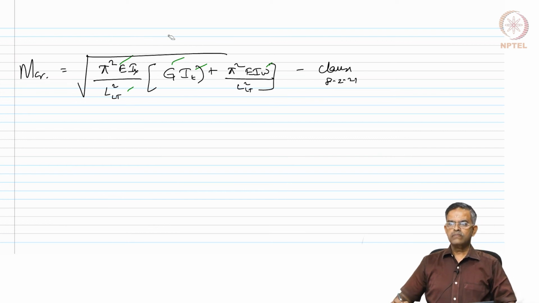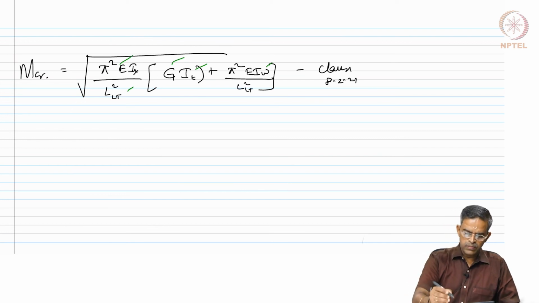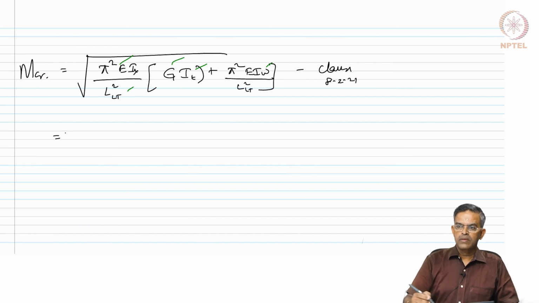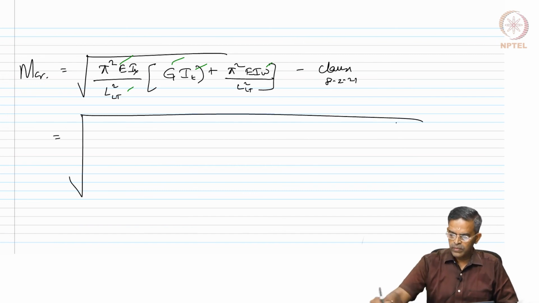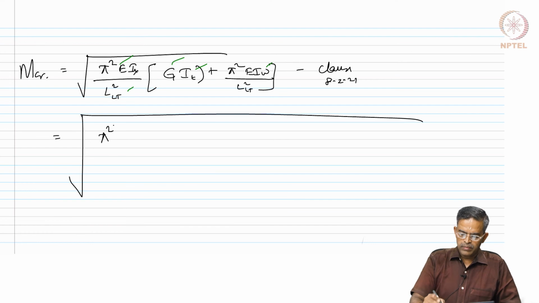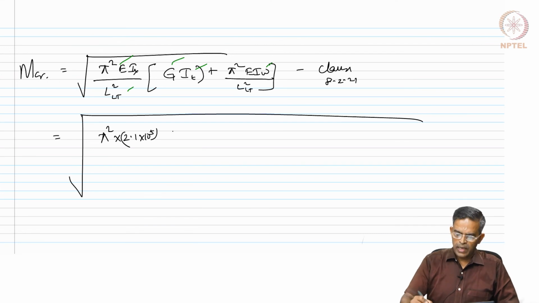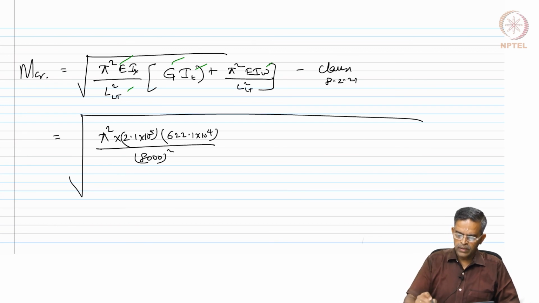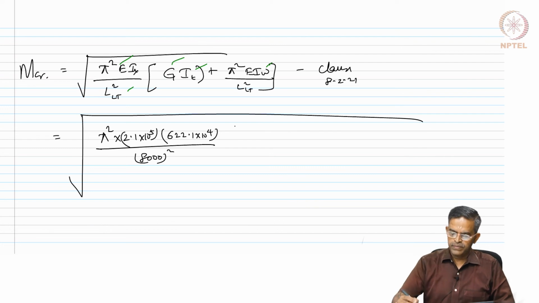Let us substitute, which will be equal to square root of pi square, 2.1 10 power 5, that is my E value, I is 622.1 10 power 4, this is 8000 square. I am doing it in millimeters and newtons.